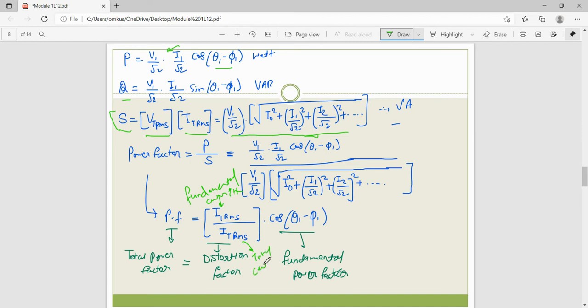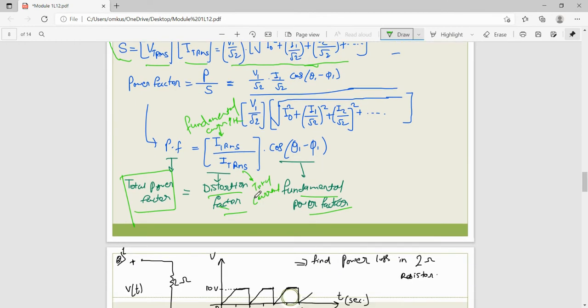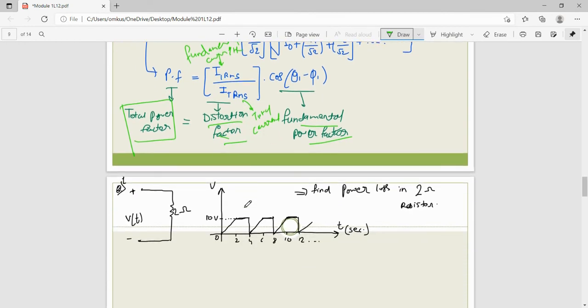So by taking the ratio of these two, and multiplying it with the fundamental power factor, you will get the total power factor. This ratio is also called the distortion factor.